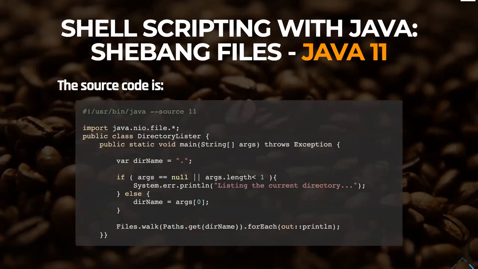If you have source code like this, and it only applies the .java rules, so you can go to the JEP to see what the rules are in order to run it with Java, just add this line, which uses the source Java. Now you can use 15 or 14, and then you write your code.